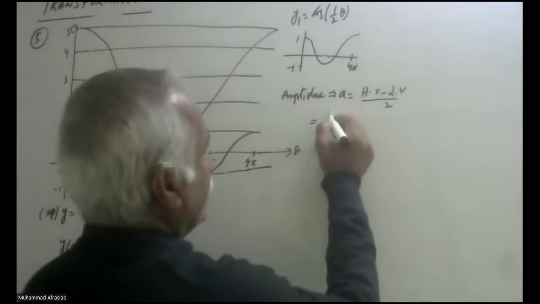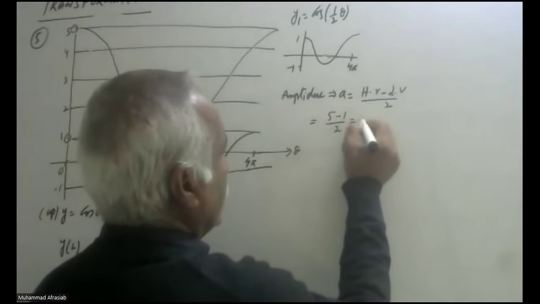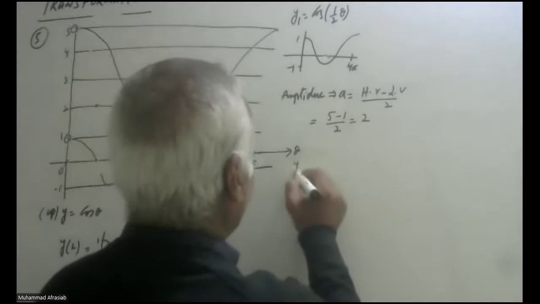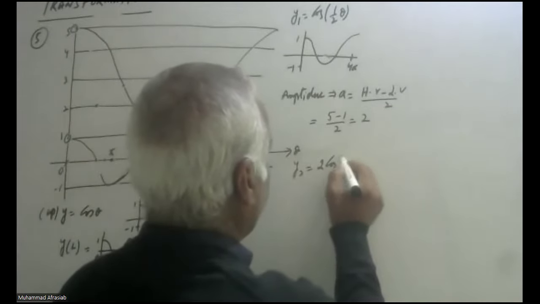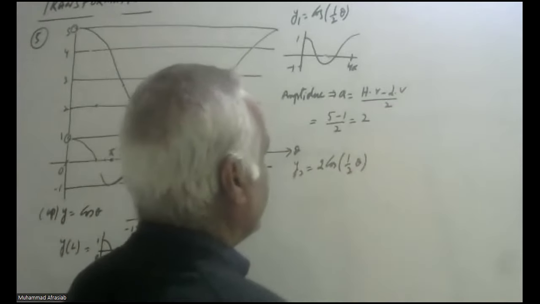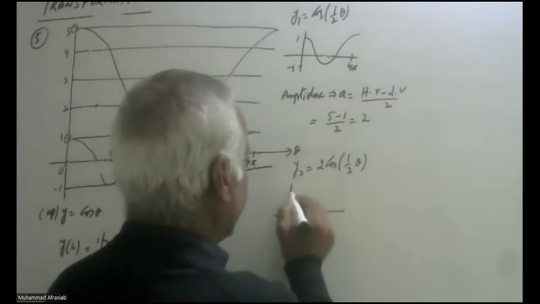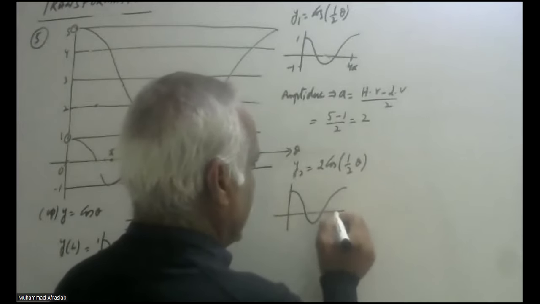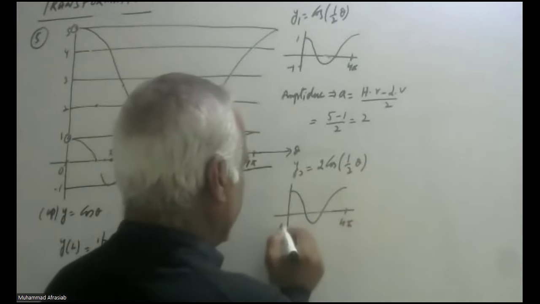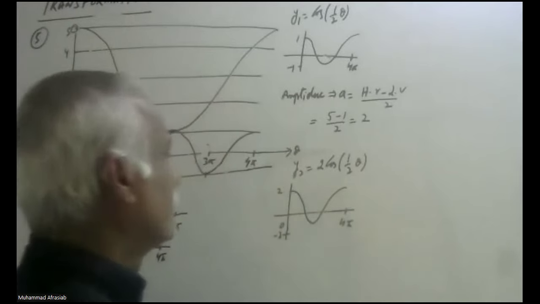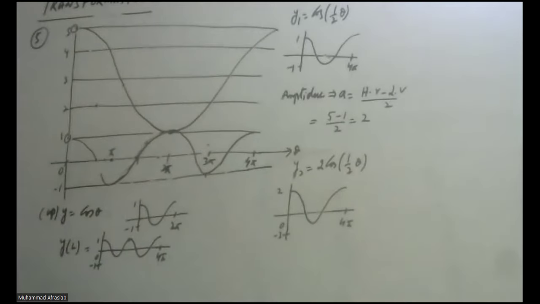So the amplitude is 5 minus 1 over 2, which is equal to 2. So we can make the second form of this function, let's say y2, that is 2 cos of half theta. The graph of this function goes up till 4 pi, with 2 and -2 as its highest and lowest values.